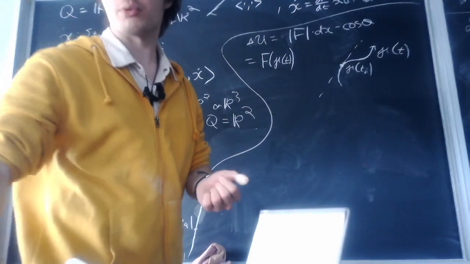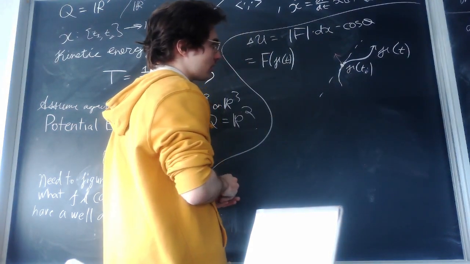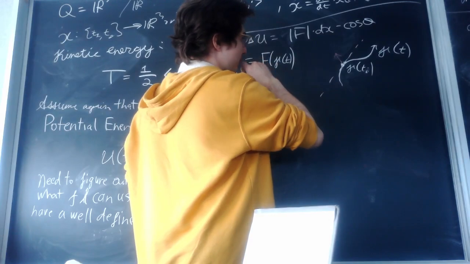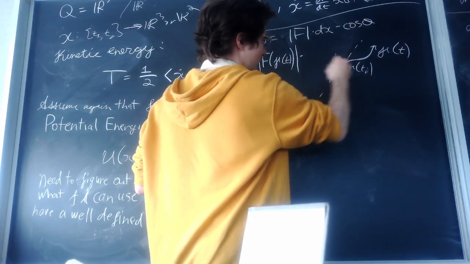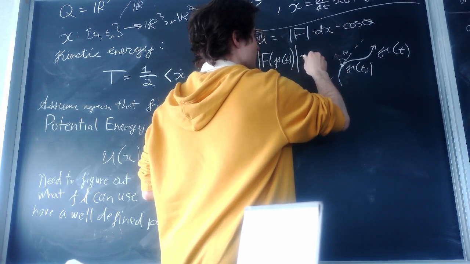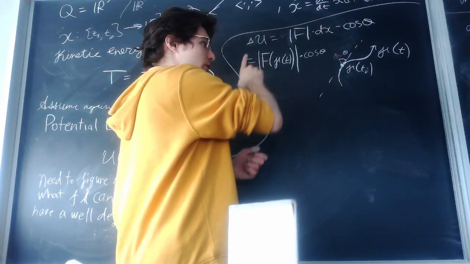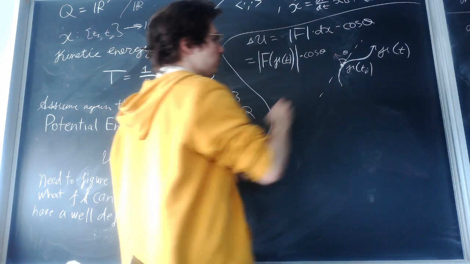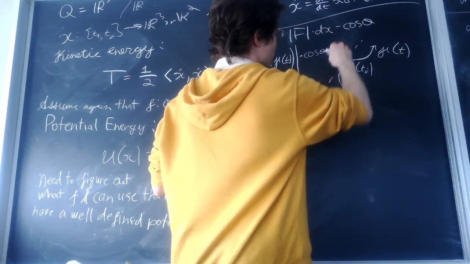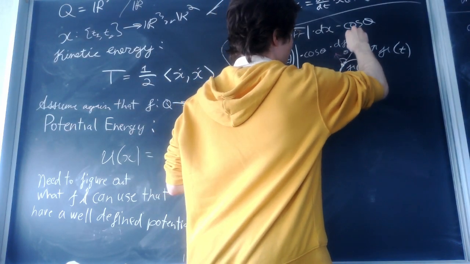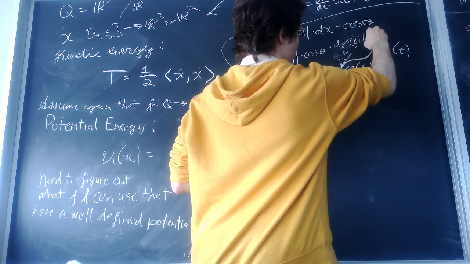This force could really be pointing anywhere. And I want to take the absolute value of this force, multiply it by the angle between where the force is pointing and where I'm going, and multiply it by a small change in my path.